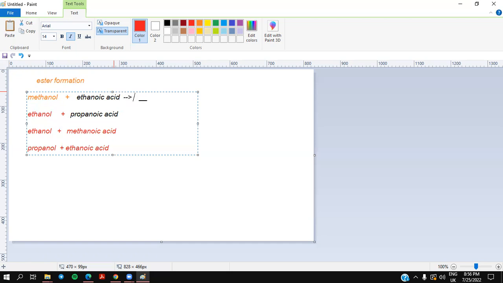It's very easy to get the name of the ester formed during this reaction. What we do is this. Always, the alcohol part is named in the ester name first. From methanol, we take methyl. I'll keep it in red.